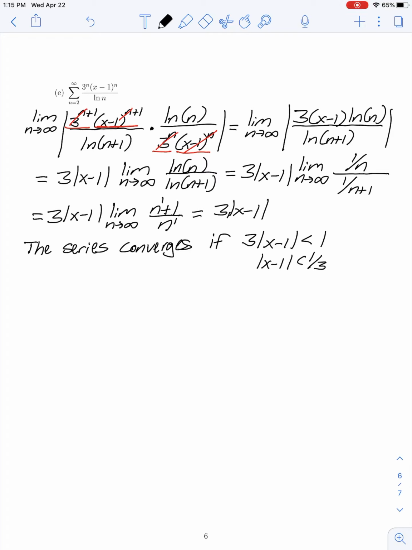So if the absolute value of x minus 1 must be less than 1/3, that means that the quantity x minus 1 is less than positive 1/3, but greater than negative 1/3. Or adding 1 throughout this inequality, we would have 2/3 is less than x, which is less than 4/3.